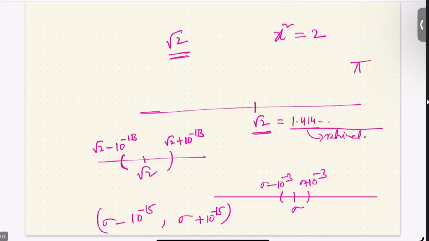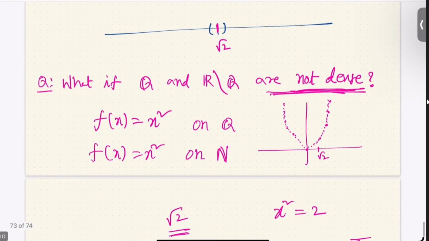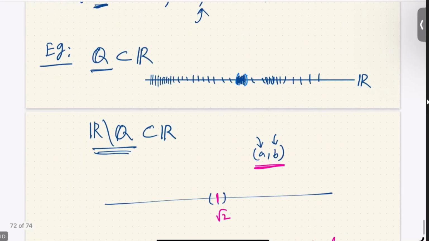If there were no numbers with that accuracy, we can't do the tasks. That is bothering. Luckily, we don't have such a scenario. We are in a very comfortable zone, thanks to the real number system having its dense property.